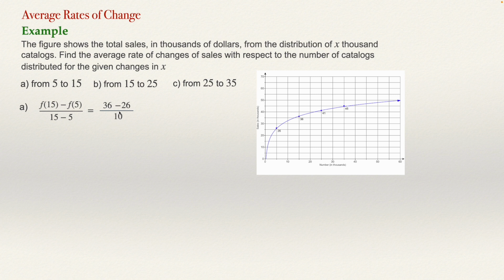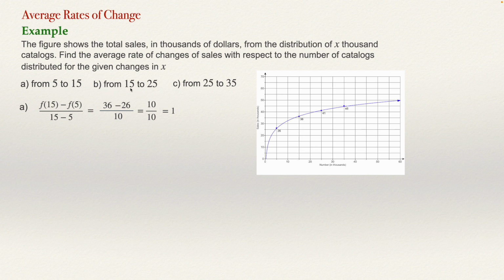So this is just 10 over 10, equals 1. So I noted that the average rate of change between these two values is just 1. One unit change in sales, so $1 change per each catalog change. Notice that if we use thousands, here will be 10,000 divided by 10,000. So we can type it without the thousand, because both units are multiplied by 1,000, so we can cancel this 1,000.